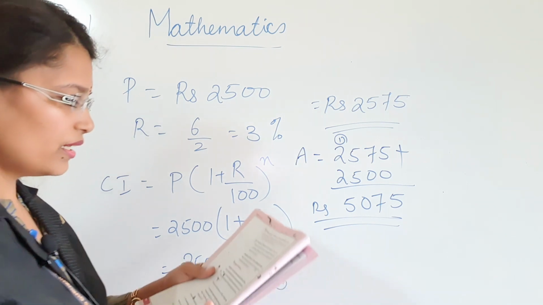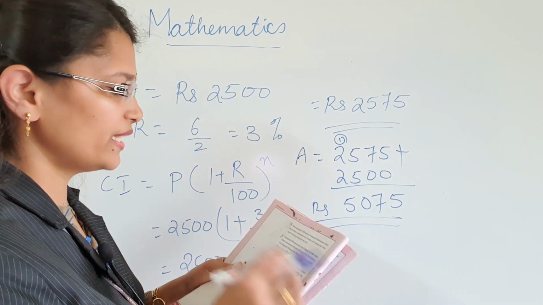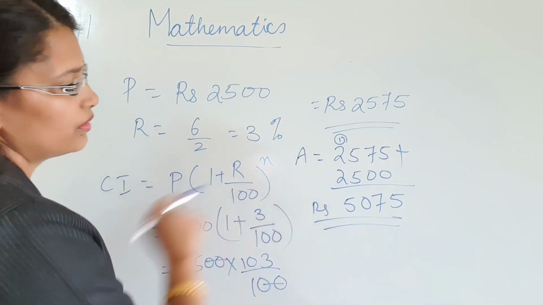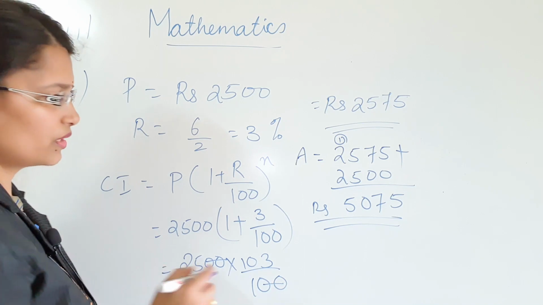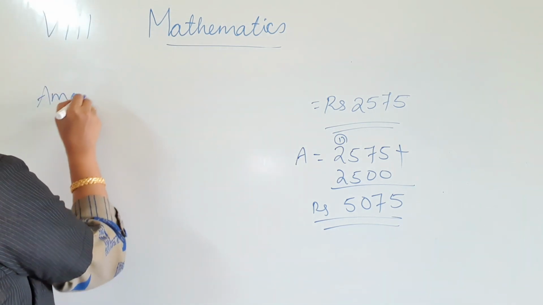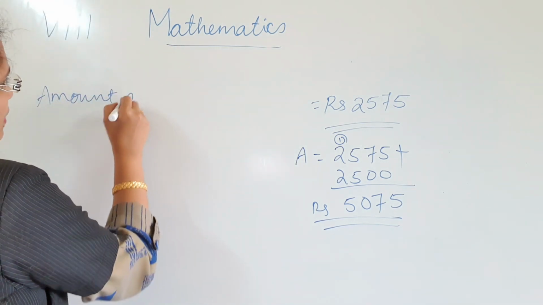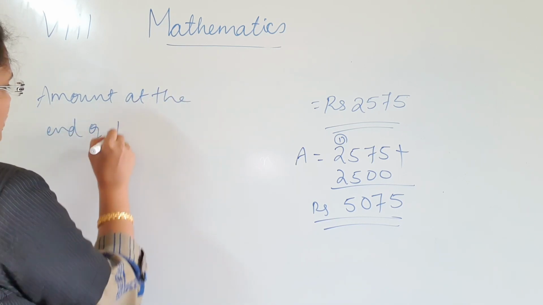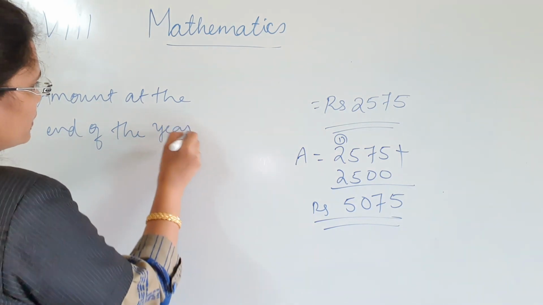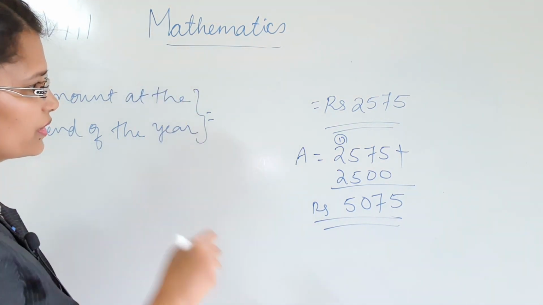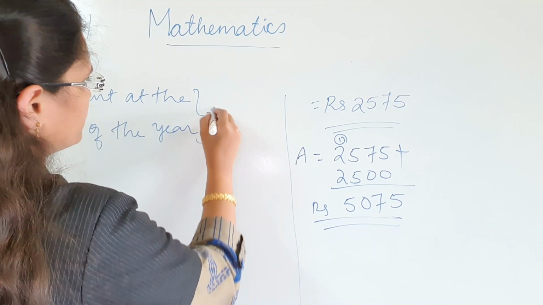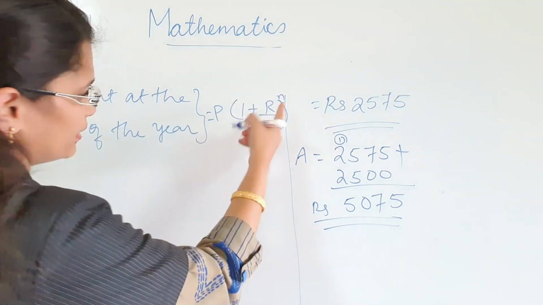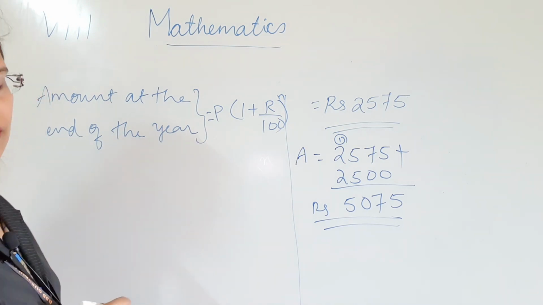Okay. Then how to find out how much would he have in his account at the end of the year? The same formula apply here also. Okay. So, amount in his account at the end of the year is equal to same compound interest formula. So, P into 1 plus R by 100. Here N means that 6 months, right.